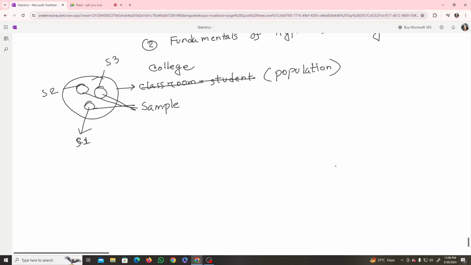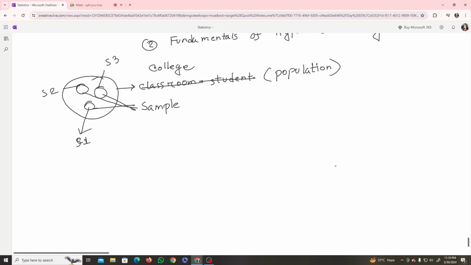Sometimes the average height is, let's say, 5 feet 7 inches, sometimes 6 feet, sometimes 6.3 feet, and so on. So each time you will have different values for different samples. So surely there is some error, right? There will always be error in sampling.